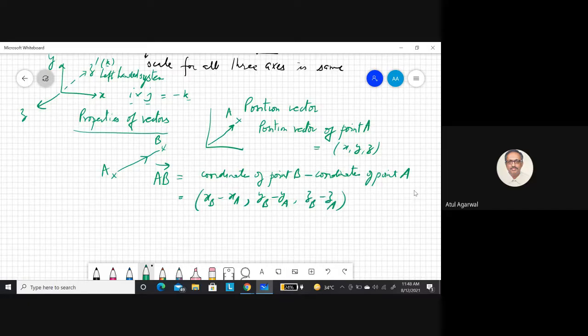So this is a vector connecting point A and B. So you are going from point A to point B.